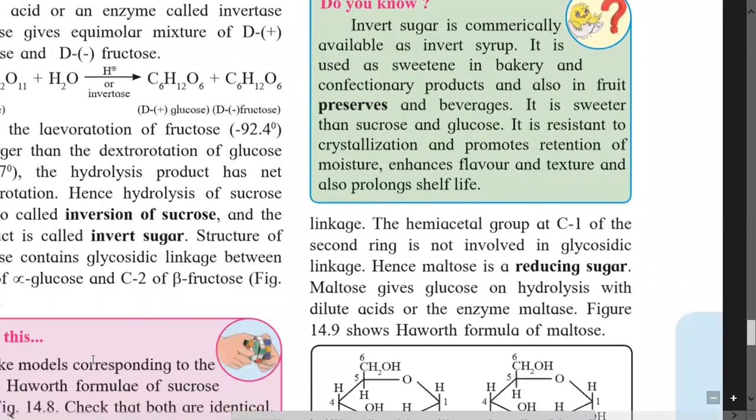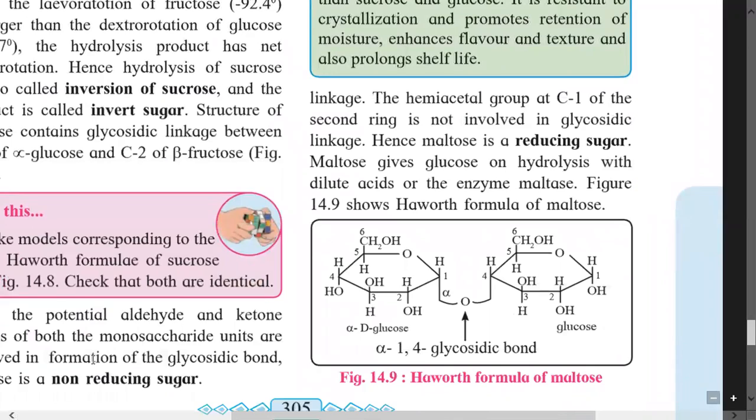Then the hemiacetal group at C1 carbon of the second ring is not involved in the glycosidic linkage. Hence, maltose is a reducing sugar. Remember the difference between sucrose and maltose.